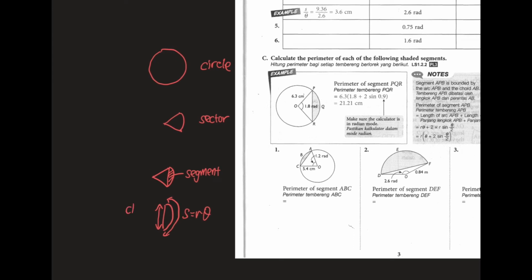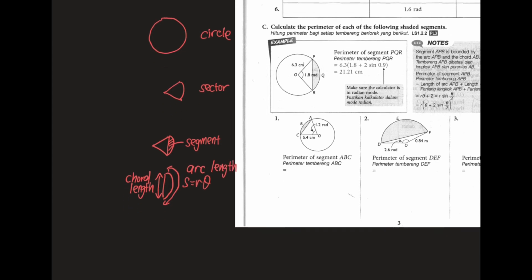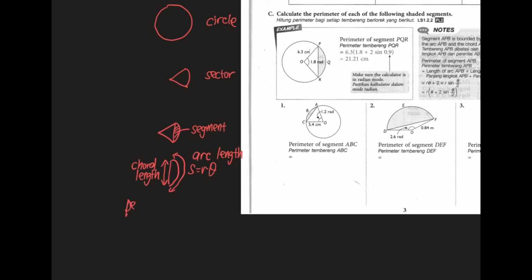This is called the chord length. Okay, chord length. So this is called the arc length. So basically, to find the perimeter, we need to use chord length plus arc length.